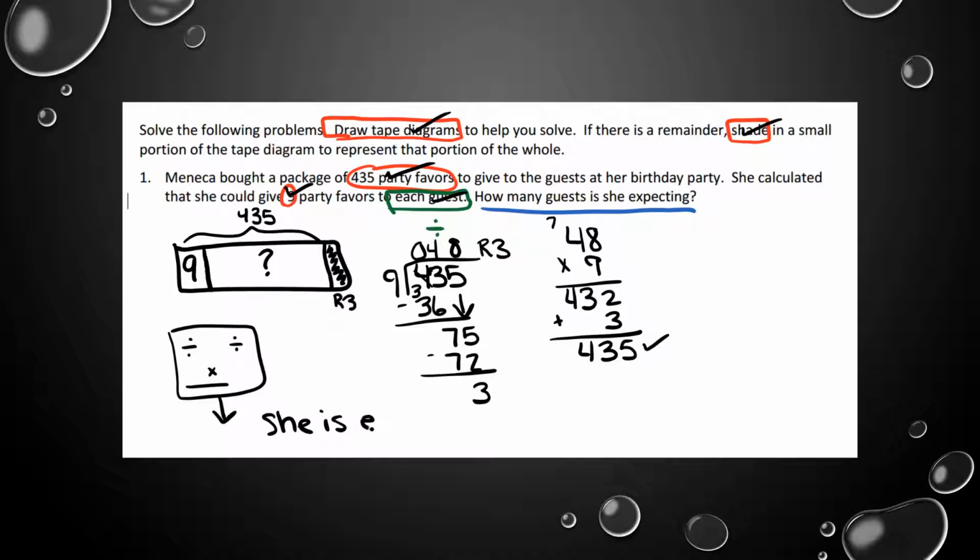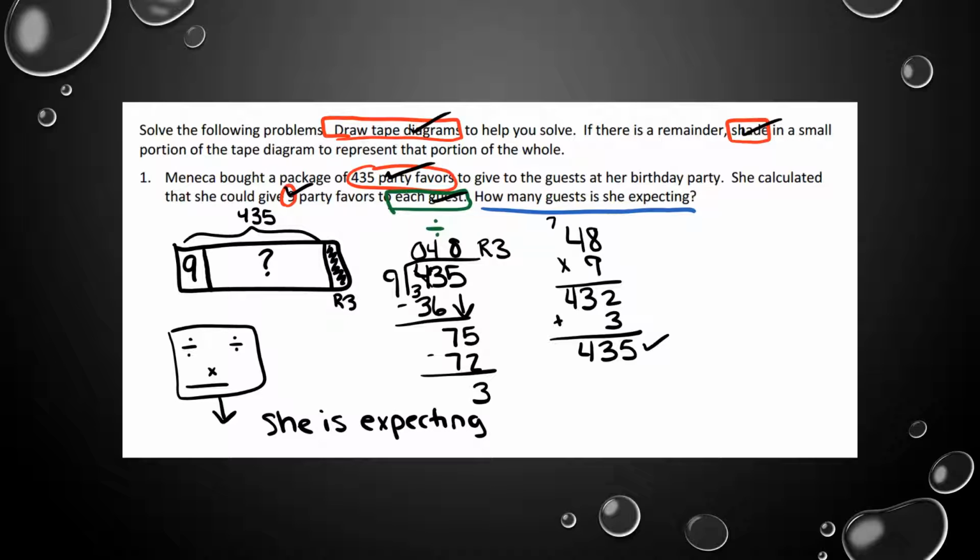She is expecting... Now, when we look at this problem, we don't invite 48 remainder 3 guests. So we have to figure out a number that makes sense. If she's expecting 49 guests, then not all the guests would have enough party favors because the number is too big.